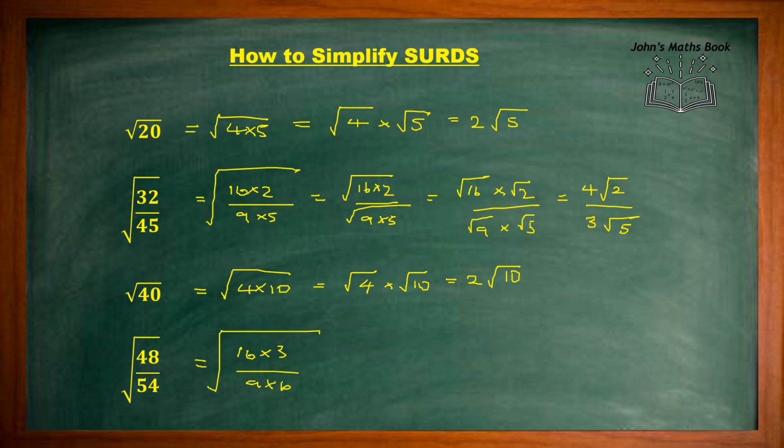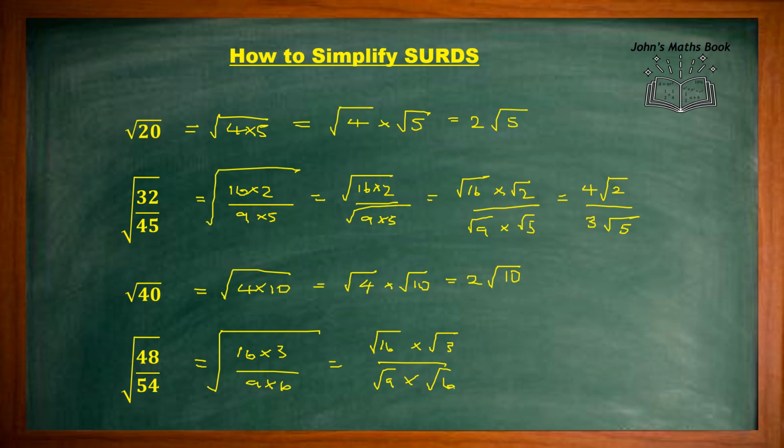So the square root of all of that can be written as the square root of 16 multiplied by the square root of 3 divided by the square root of 9 multiplied by the square root of 6.